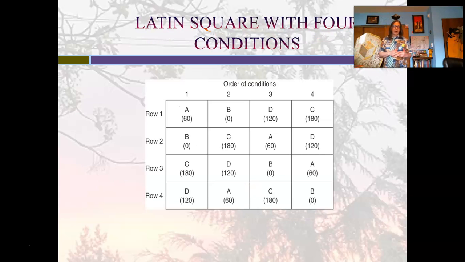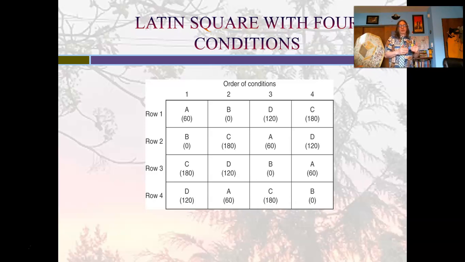To do Latin squares, in this example, they're imagining 4 conditions. And so you randomly assign one order. You just get your 4 and you randomly order the first group of 4. And then it's a square, so 4 conditions would yield 4 outcomes.